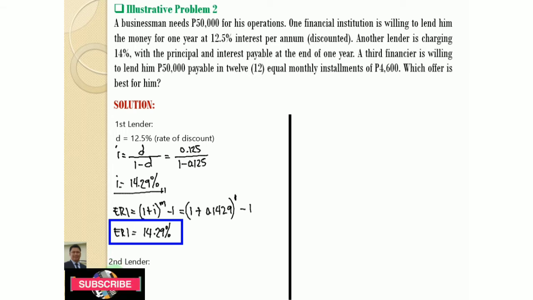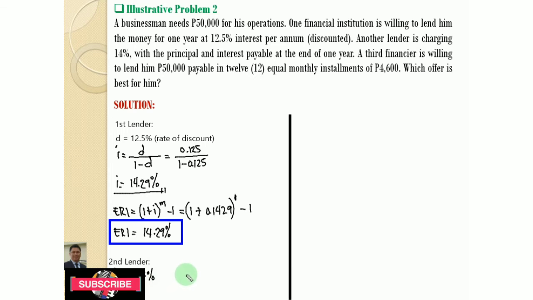So our I is simply equal to R, since we are dealing here with annual compounding, at the end of 1 year. So I is equal to R, which is equal to 14%.